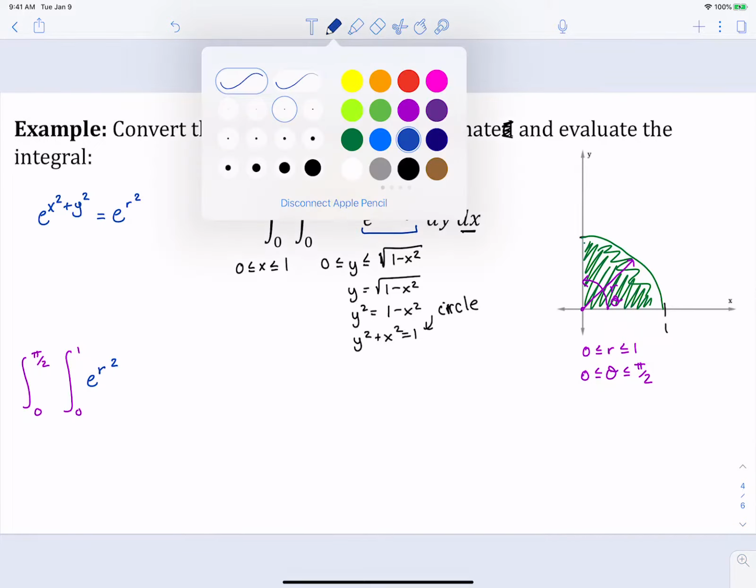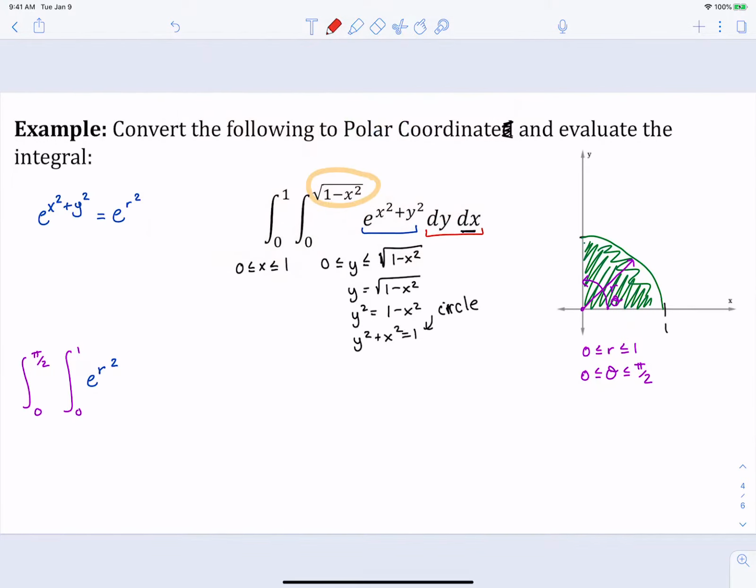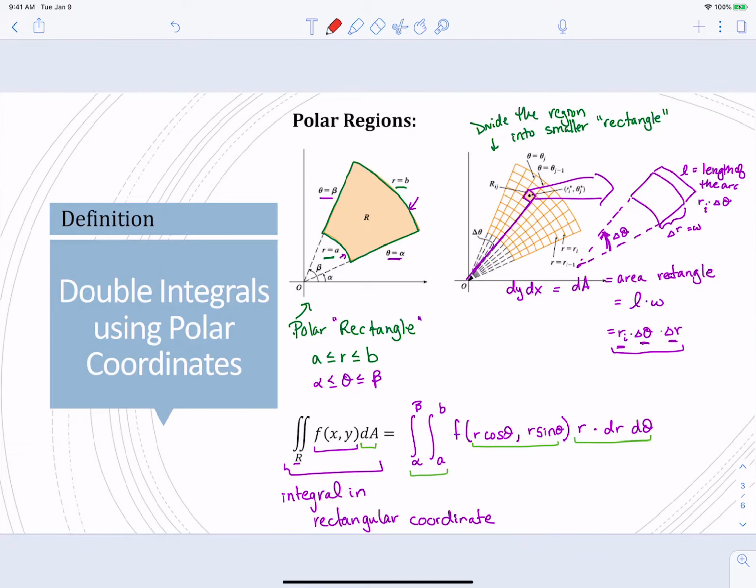And then we also need to change our differentials on the end from dy dx to r dr d theta. So again, they always add that r in there. And where that comes from is back here. It comes from finding the length of that arc, because that's our radius that we go out times the angle that we've made.